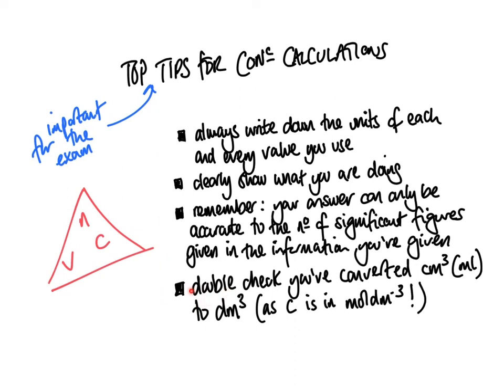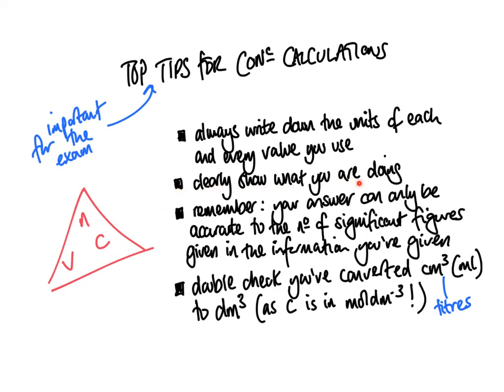And this is actually tied in with this point here of double checking that you've always converted centimeter cubed or mL, which is particularly important when dealing with titers, into decimeter cubed. Remember, we do this because concentration is expressed as moles per decimeter cubed, not moles per centimeter cubed.